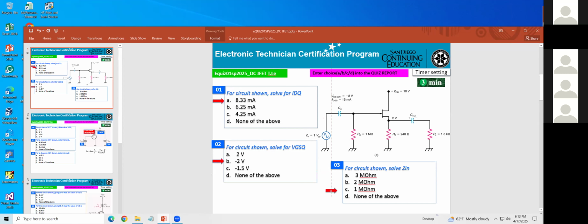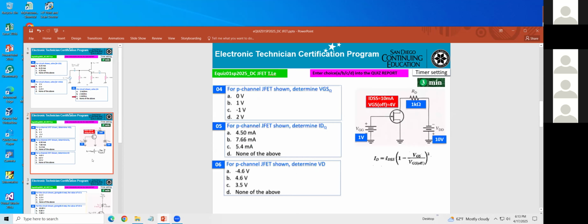It's C. Perfect. The thing is, you're looking into the amplifier, this is a 1 mega ohm resistance. That will be the input impedance. Now the next one.